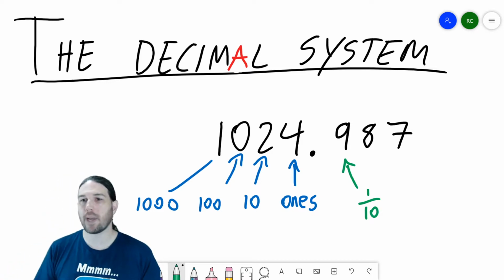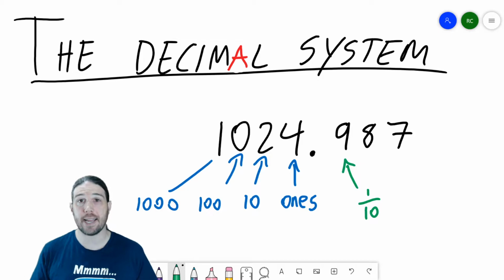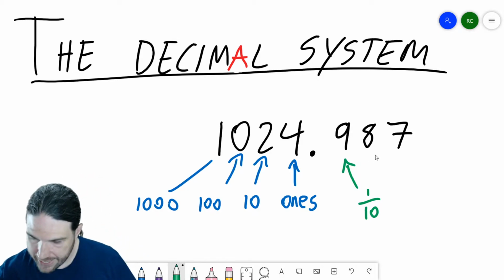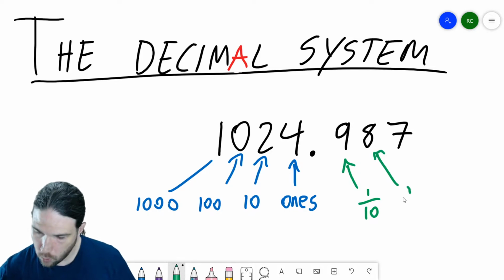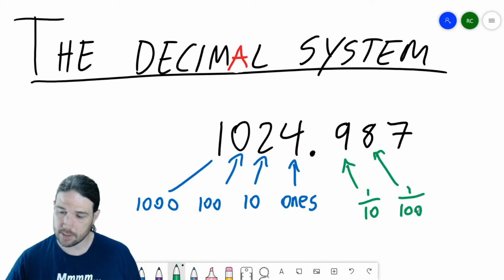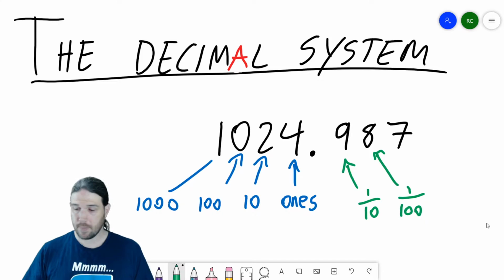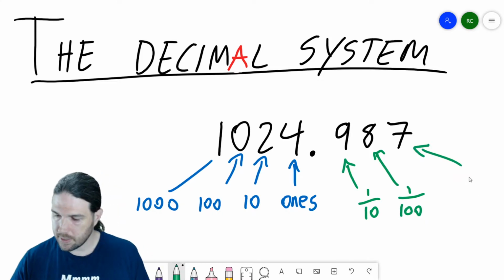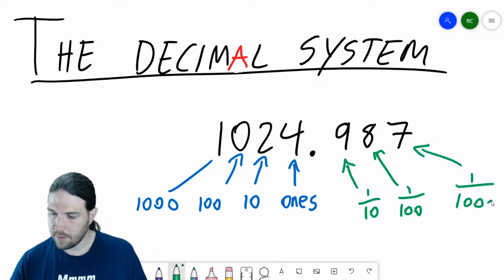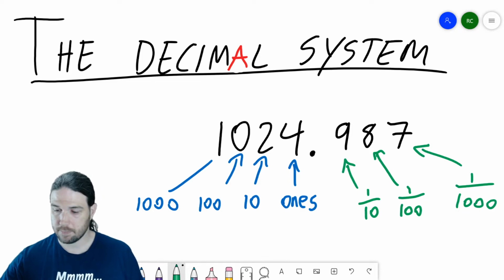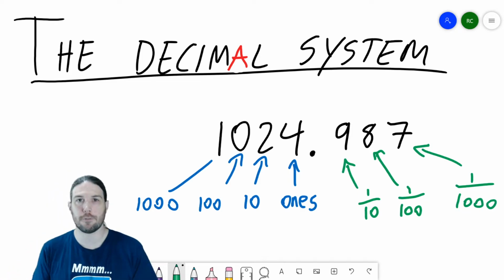So instead of saying 0.9, you could say 9/10, 9/10, 0.9. Whereas this 8 is in the 100ths place, yeah? And this 7 is in the 1,000ths place. And so on and so forth, right?